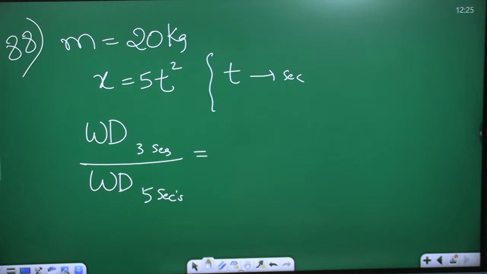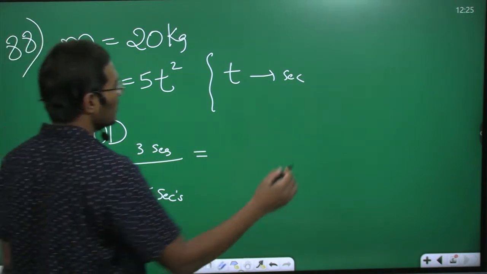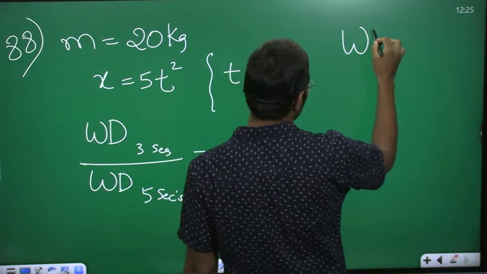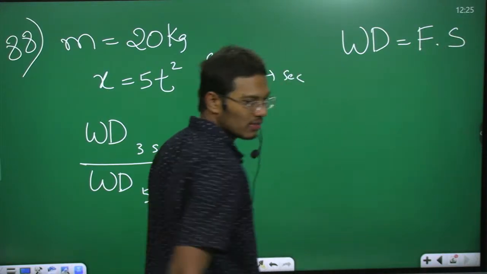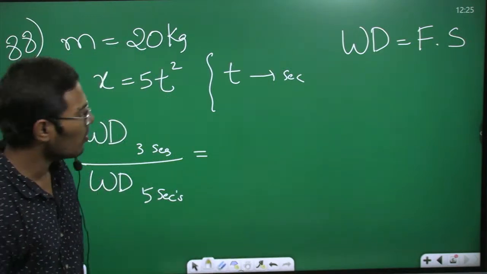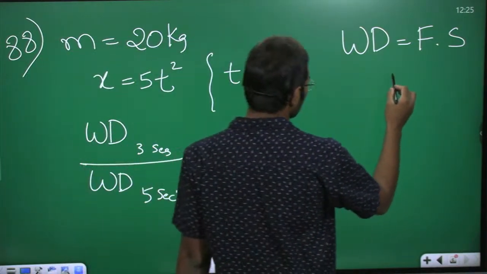What all equations can we use here using your work, power, energy concept? There are different forms in which work done can be written. Work done is equal to force into displacement, right? This is one form. So what all other forms can be used to find work done?